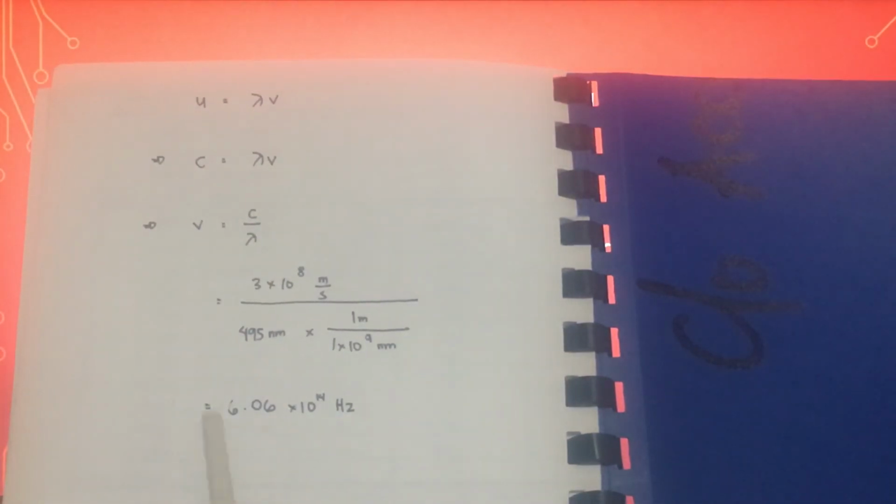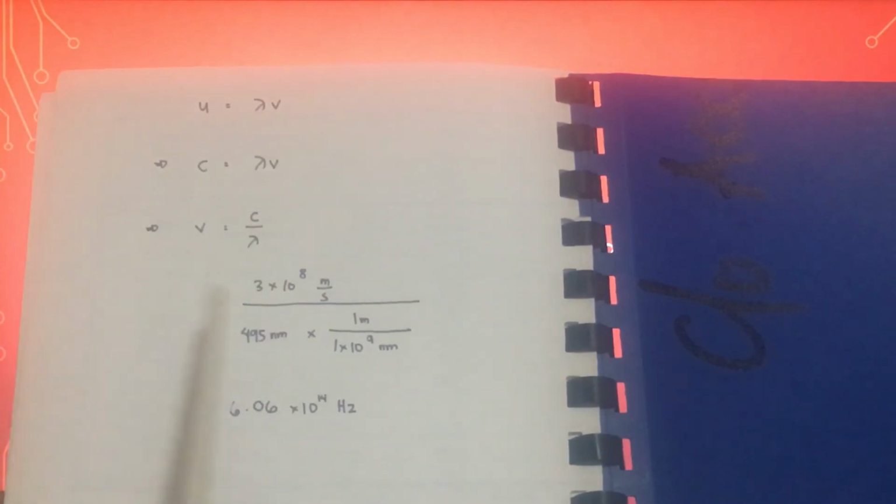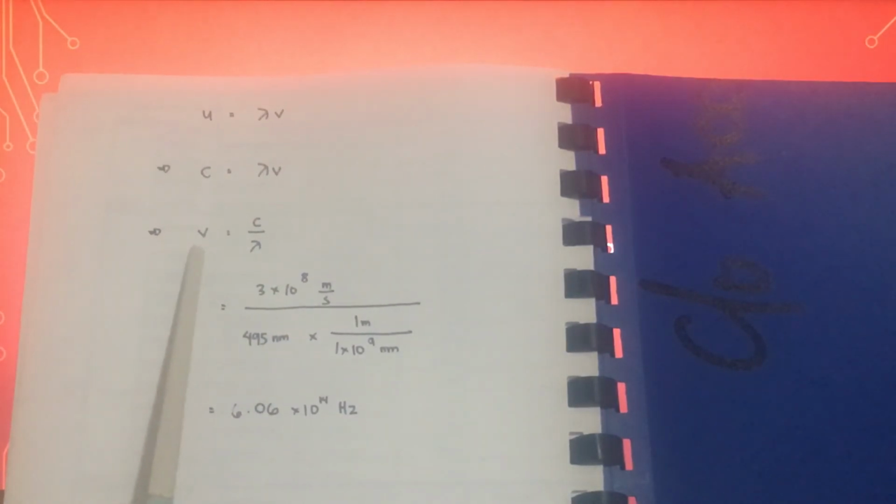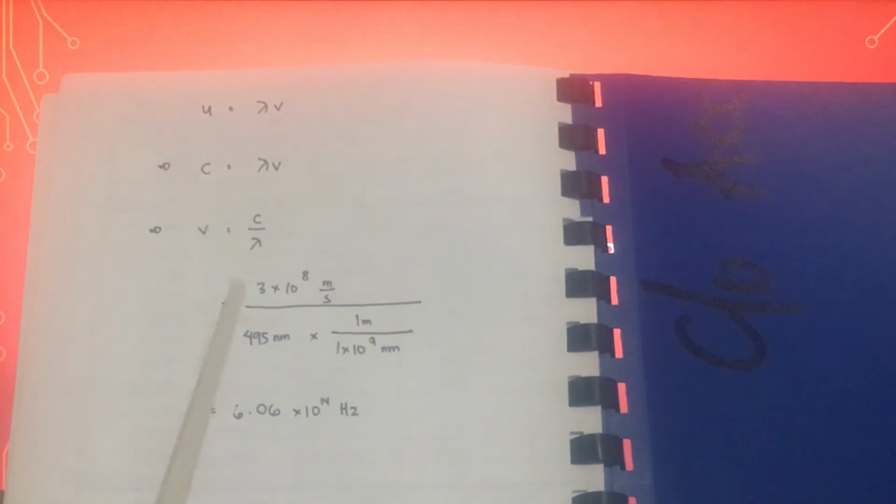To find nu, we divide both sides by lambda, the wavelength. So nu, the frequency, is equal to c over the wavelength, and then we just plug in the values. c is 3 times 10 to the 8 meters per second.